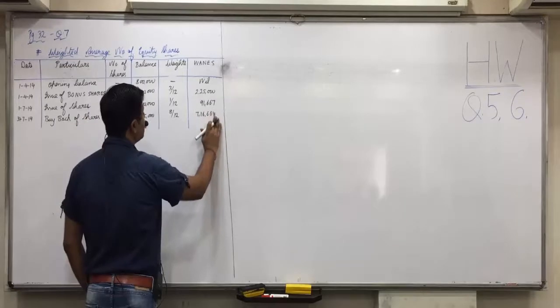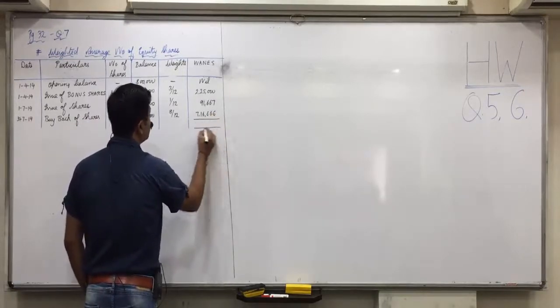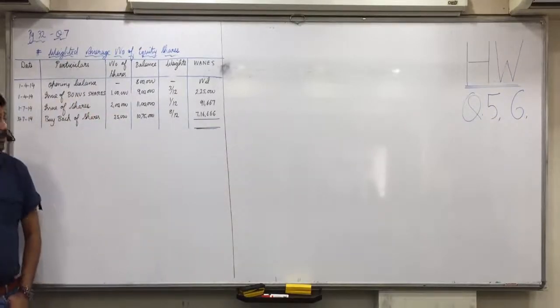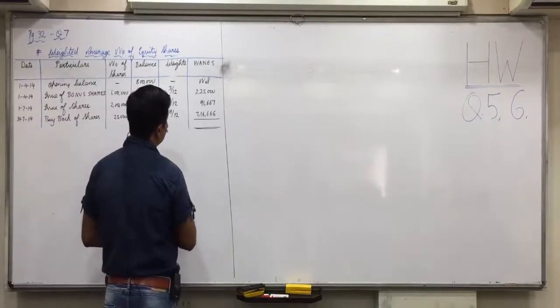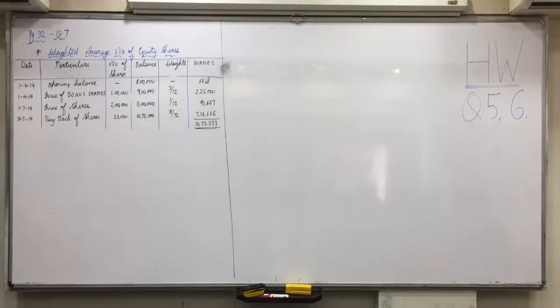Now here take 7 lakh 16,666. One place we have taken one more, so another place we can take one less. Alright everyone? So the total is 10 lakh 33,333, divided by 18 lakhs. It is 91,000, not 9 lakhs. All are clear with that?